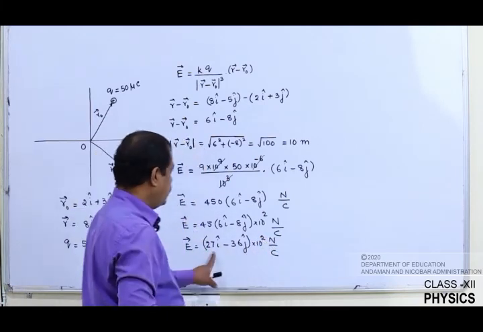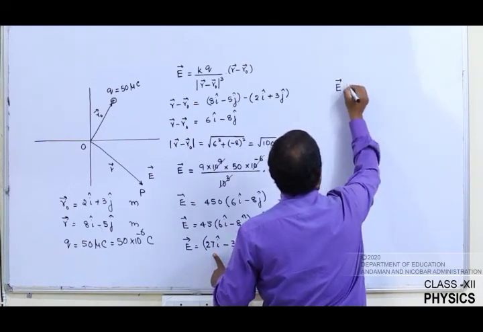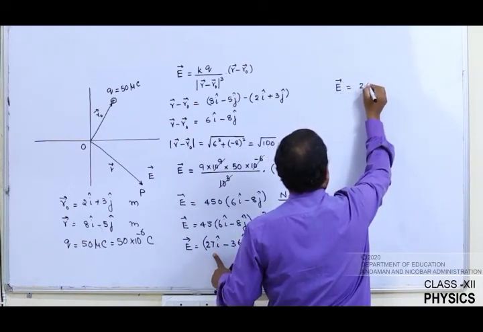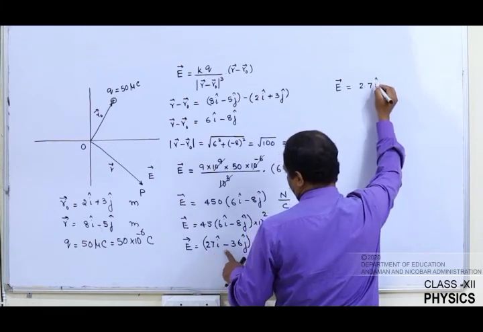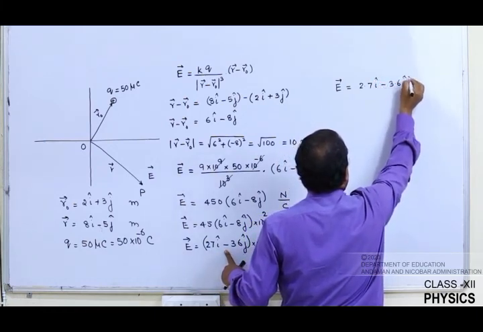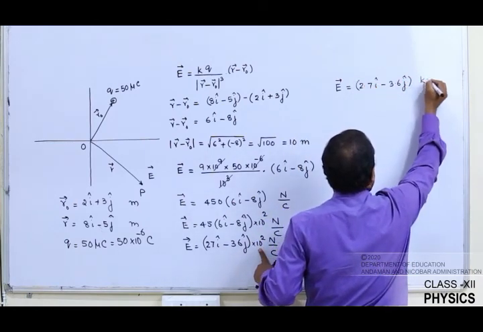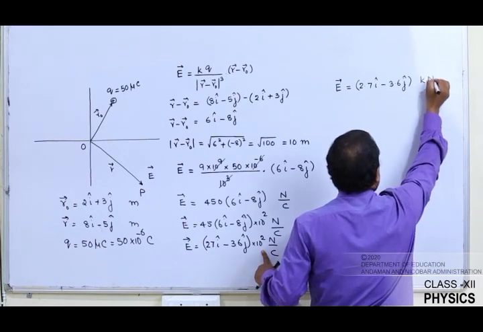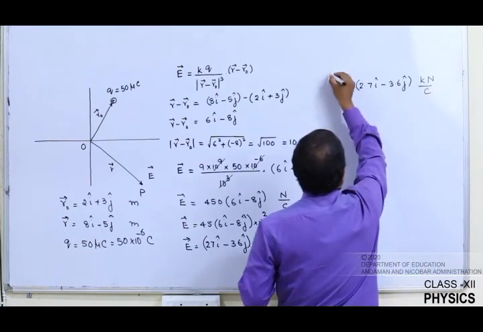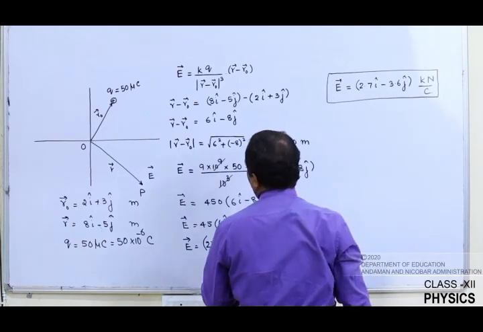Now, if I write 27 as 2.7, then I am going to have E is equal to 2.7i cap minus 3.6j cap into 10 power 3, which I am going to write as kilonewton per coulomb. So, this is the total electric field at this point P.